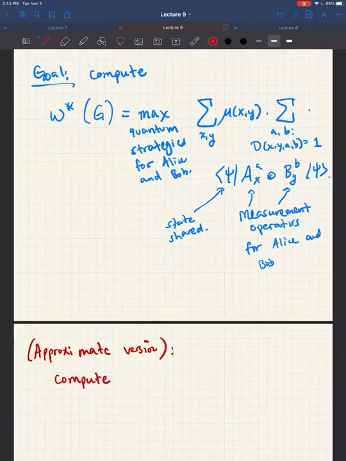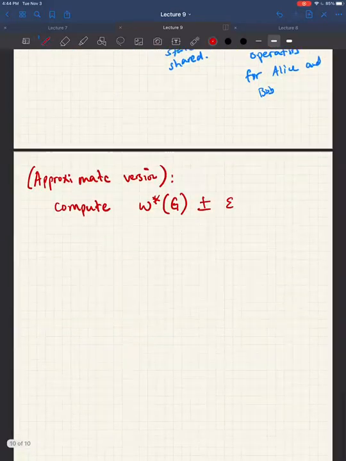Given a non-local game G, you want to estimate this number to within some epsilon, right? And you can also choose what epsilon you care about. Could this potentially be easier, right?